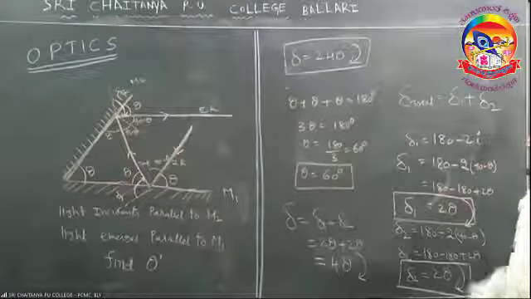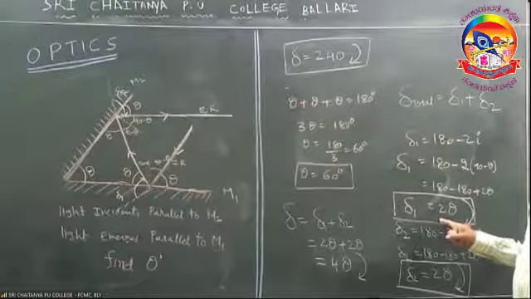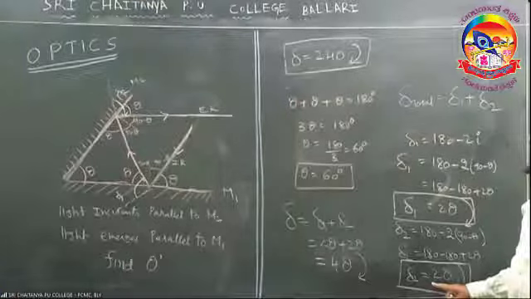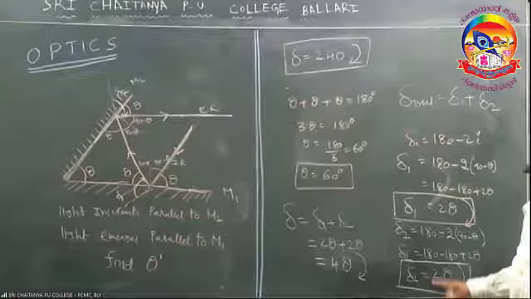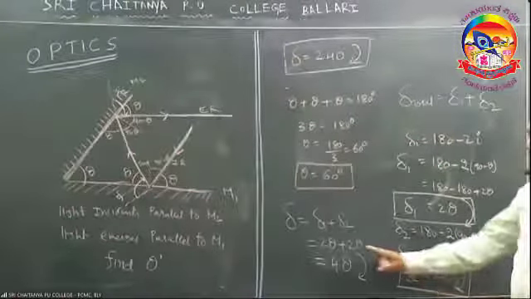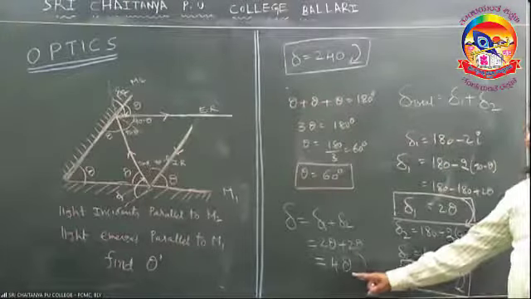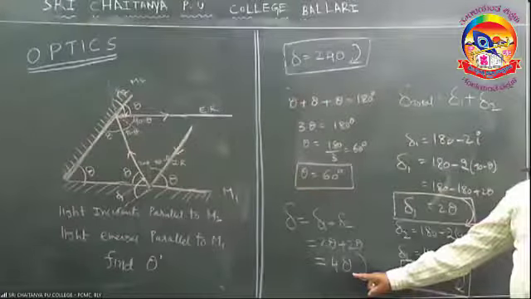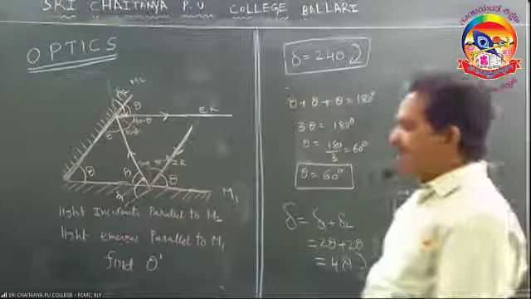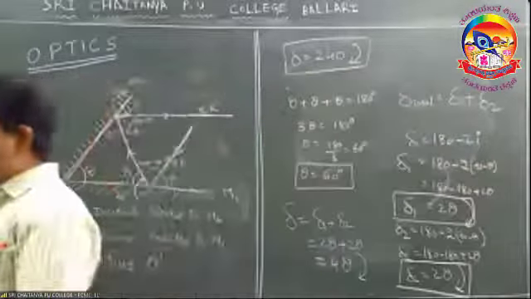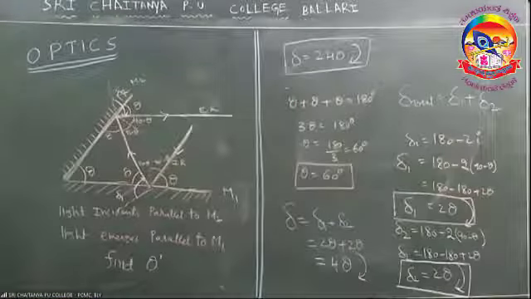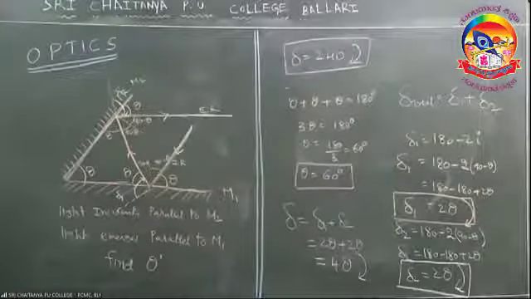Deviation at first mirror 2 theta. Deviation at second mirror 2 theta. Net deviation 2 theta plus 2 theta is equal to 4 theta. Now I explained two important concepts, two reflections. If you understand these two, I will go for 3 reflections. First, you must be familiar with these two.